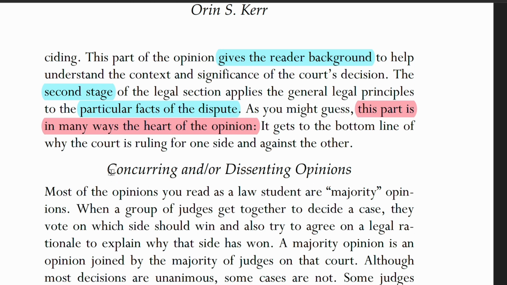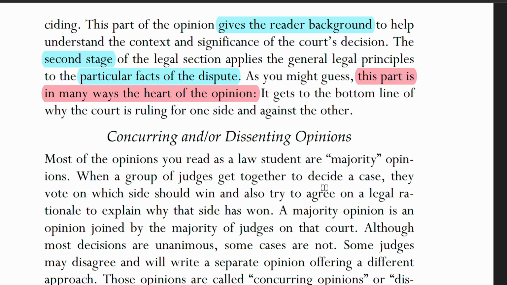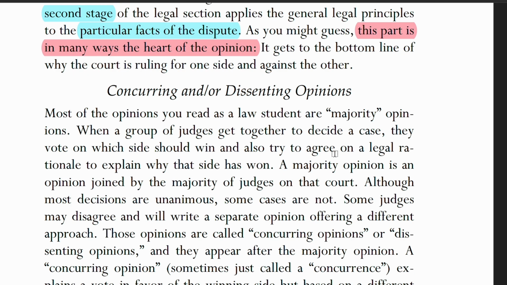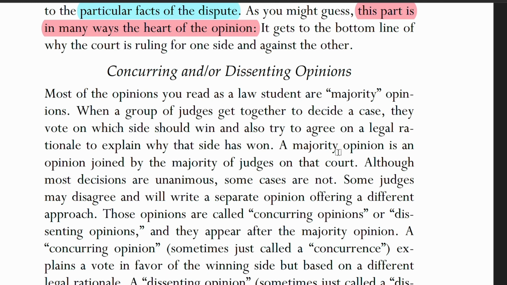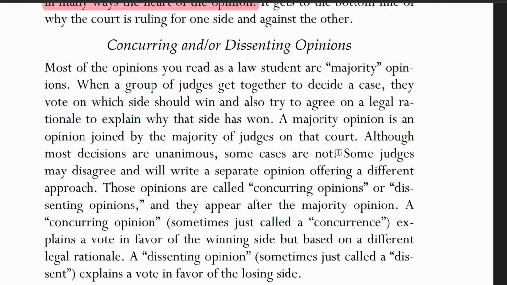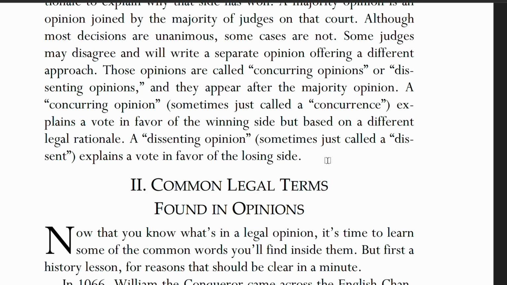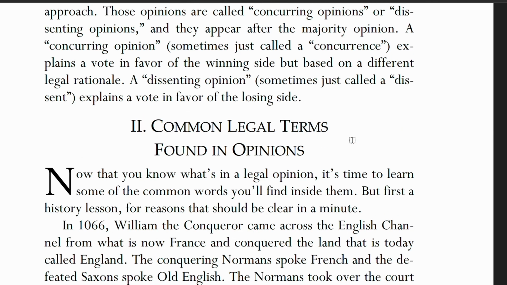And then after that, you have your concurring and dissenting opinions. All that means is these are multiple judges who are coming up with a conclusion for these cases. So some either agree, concur, or dissent. But the majority is how the law is going to be held. So the dissenting opinions are also important because for future purposes, some problems are spotted but not fixed until a later date.